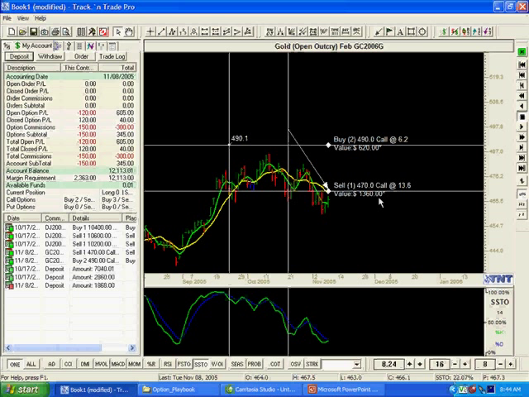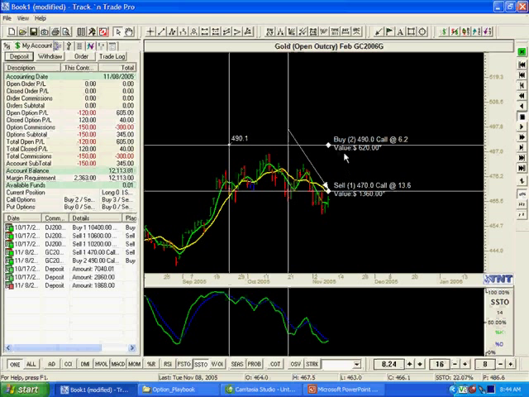This risk is limited to $2,000 with the market trading exactly at 490. If the market's at 475, let's say, you'll lose $500. That's the maximum amount of risk on the trade: the distance between 470 and 490.